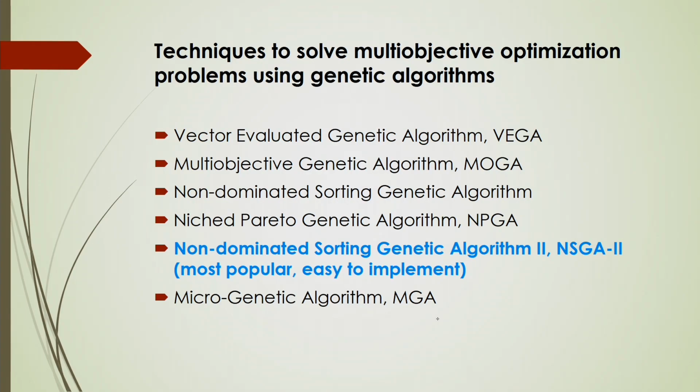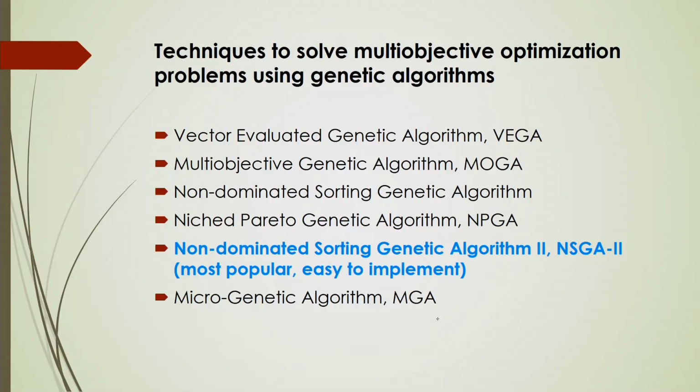Now, what are the techniques to solve these multi-objective optimization problems using the genetic algorithm? There are several techniques available, like the vector evaluated genetic algorithm, multi-objective genetic algorithm, the niched Pareto genetic algorithm, NPGA as it is called, and also the non-dominated sorting genetic algorithm.